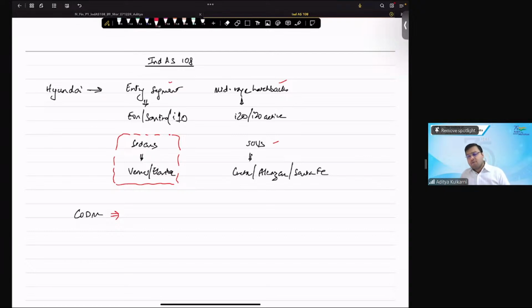So typically from your understanding, who do you think will be the chief operating decision maker? Can a CFO become a chief operating decision maker?